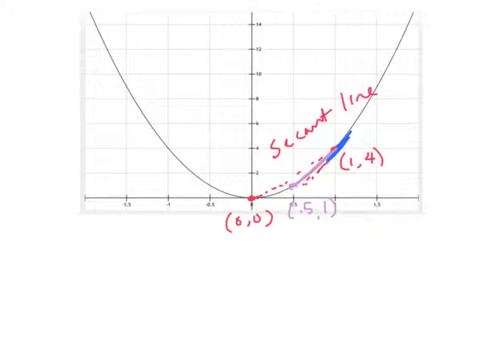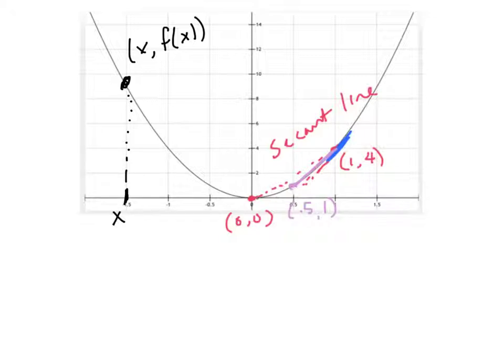Okay. So let's just think about this. If we picked a point, and I'm going to go to the other side of the graph just so I have a little room to draw, let's say we picked a point and we said, I want to find the slope at this x. So to find the slope, we need this point, where the x-coordinate is x, and the y-coordinate is whatever we get when we plug x in.